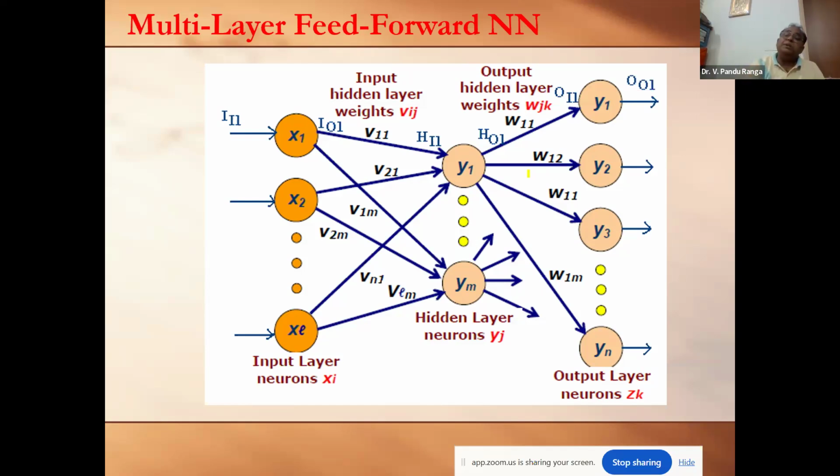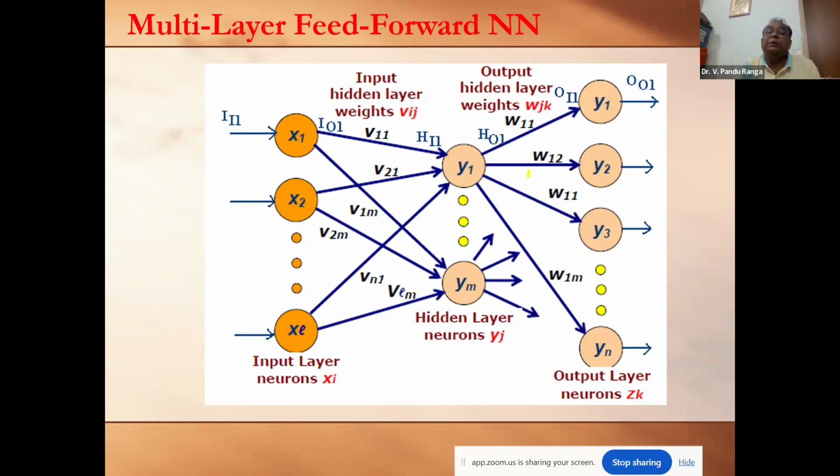There are neurons present in every layer. The neurons in the input layer are called input neurons, and the neurons in the output layer are called output neurons. The number of neurons in the input layer and output layer is determined by the number of inputs and outputs of the system.